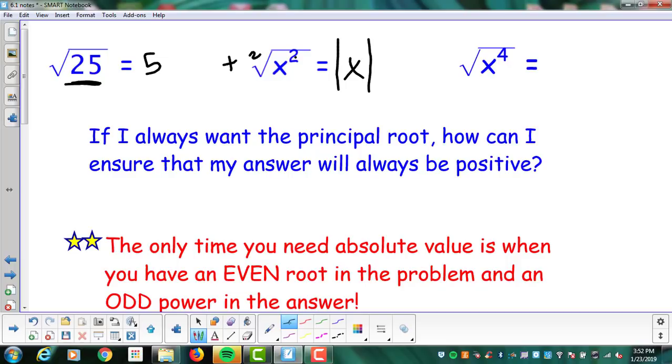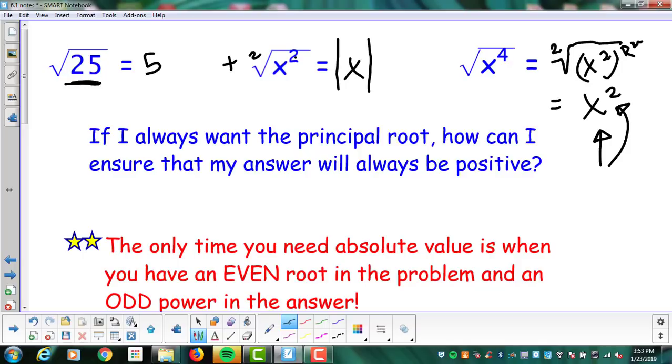Now over here, I can rewrite this as x squared squared. And now I've got my square root and this outside exponent are going to cancel each other out. So I just get x squared. But I don't need absolute value on this one because x could be negative, but once you square it, it becomes positive.